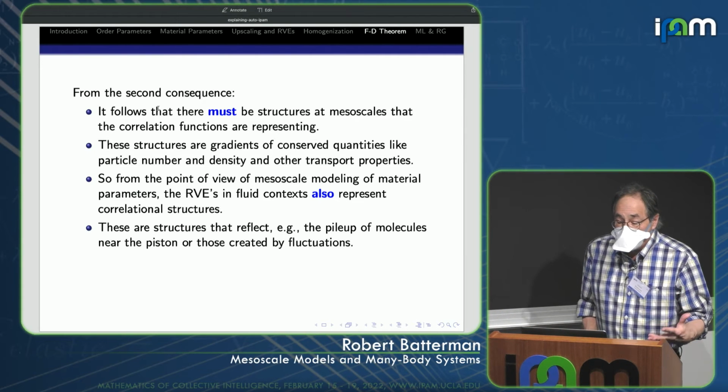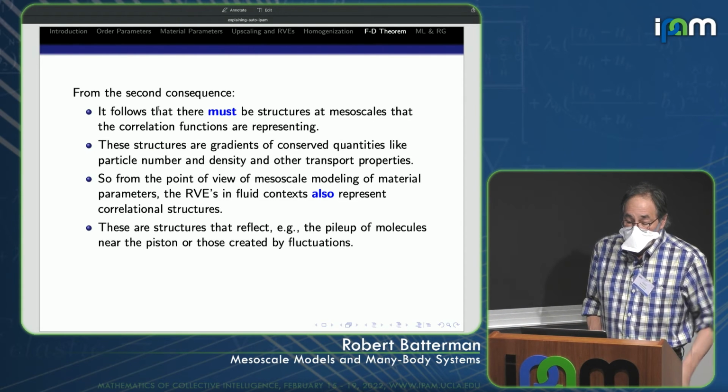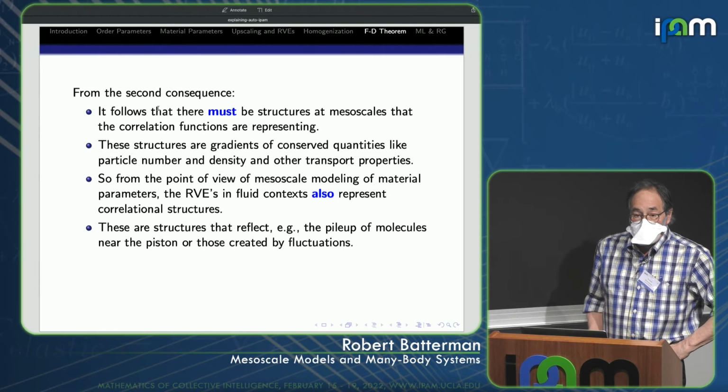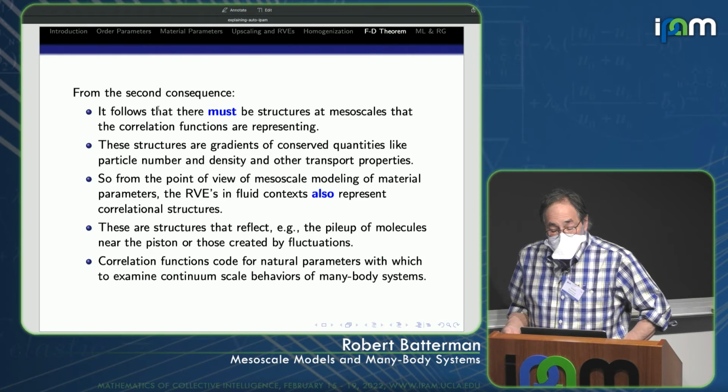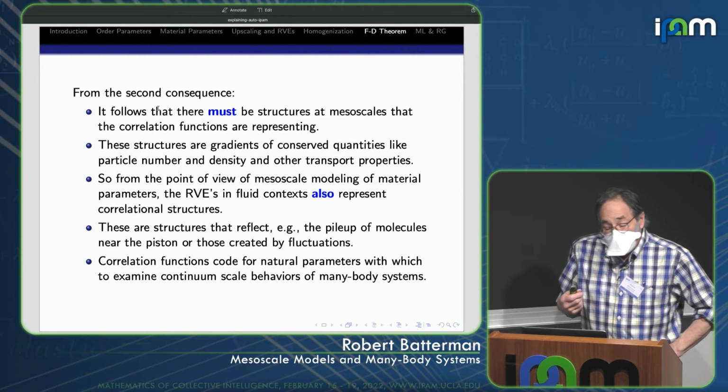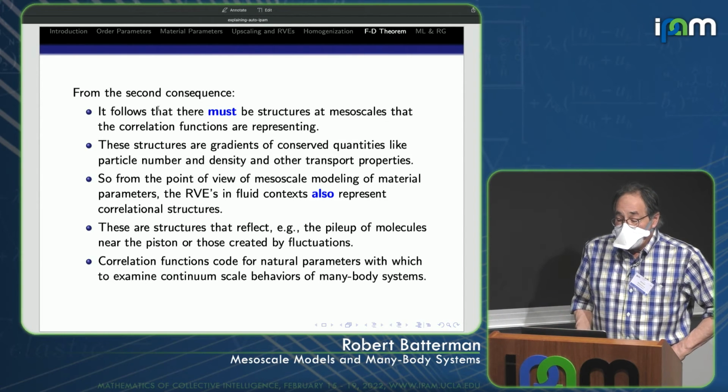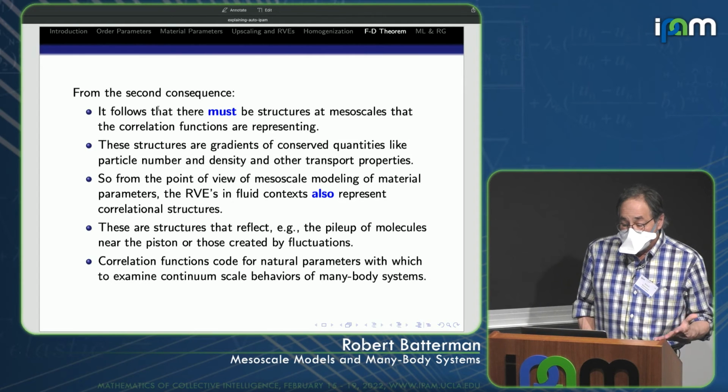Those are structures that reflect, for example, the pileup of molecules near the pistons or those created by fluctuations. So correlation functions code for natural parameters with which to examine the continuum scale behaviors of many body systems. That's what I want to claim.